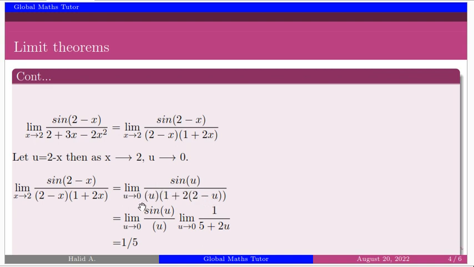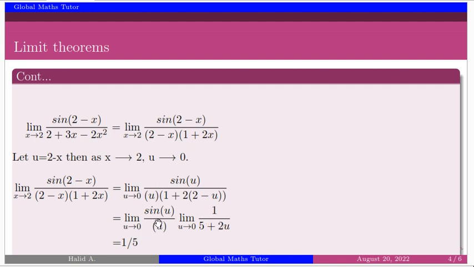Then using limit law, we find the limits of each, that means sine u over u, one function, and 1 over 1 plus 2 times 2 minus u, which is 1 plus 4 minus 2u, so this will be minus. This is minus, this is incorrect.